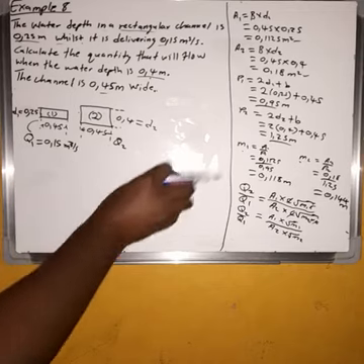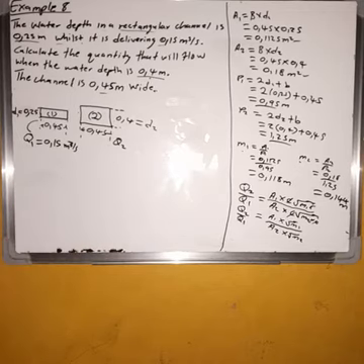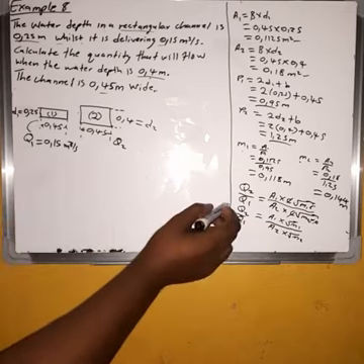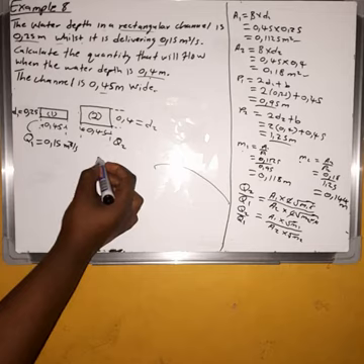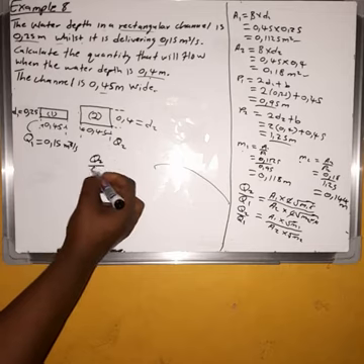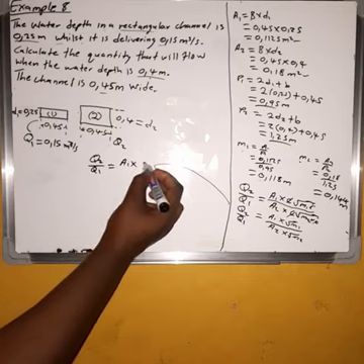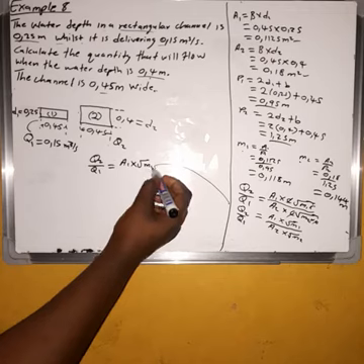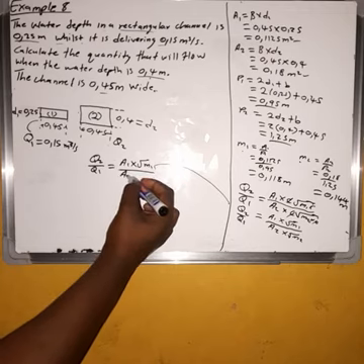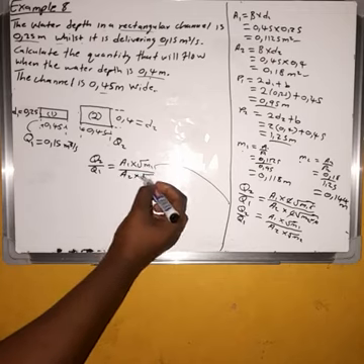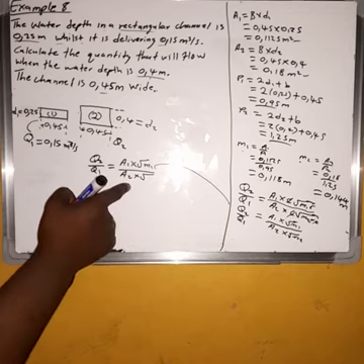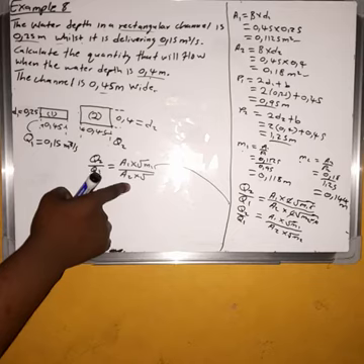So we have this, let it stay right there: Q2 over Q1, which is equal to area 1 multiplied by the square root of M1 over area 2 multiplied by the square root of M2.